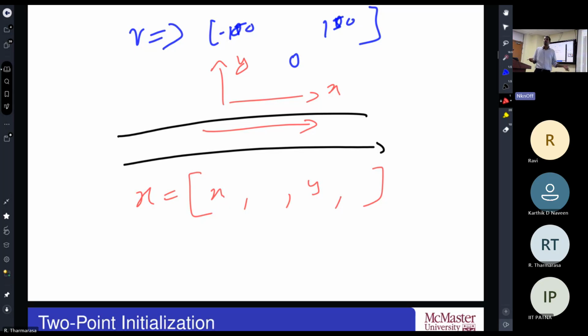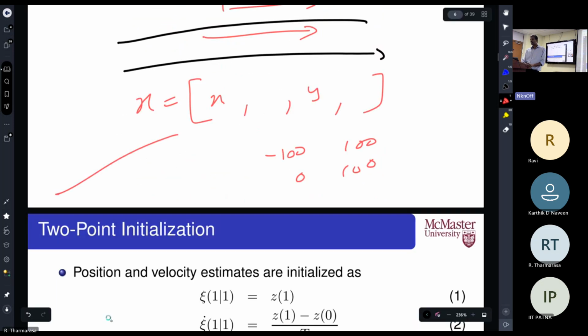In this case, it could be 50, right? Because the range is not minus 100 to 100, it could be 0 to 100. But if the road is slightly slanted like this, maybe a different range. So basically, you map your prior into the initial state. You understand the prior that you have and do a proper mapping. That's all we do.